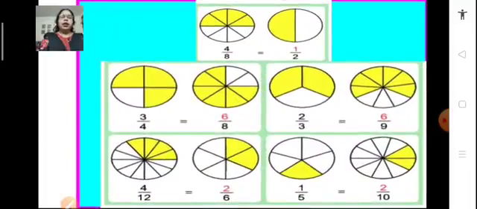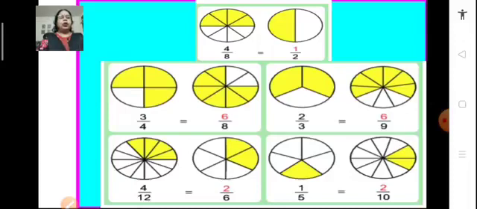Now we have a few more examples of equivalent fractions here, like 4 upon 8. 4 upon 8 is equal to 1 upon 2. 4 upon 8 represents half of the figure as does 1 upon 2. So 1 upon 2 and 4 upon 8 are equivalent fractions.